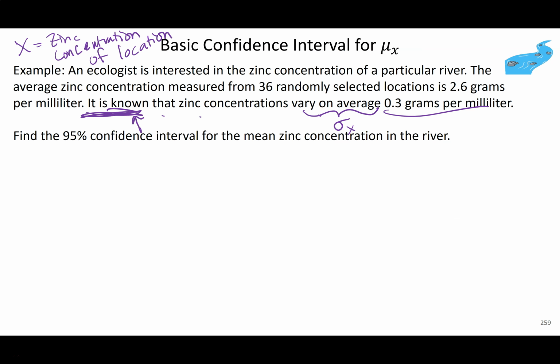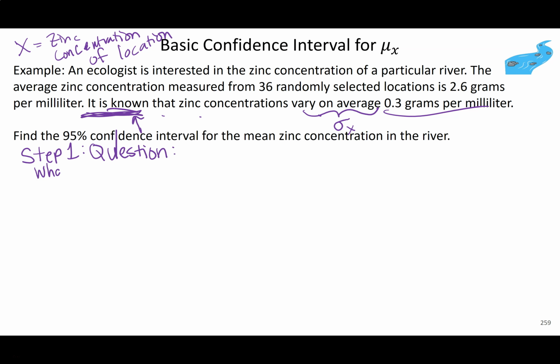Okay. Well, you know what? I might go through these steps here. So step 1, my question. Here we're asking an open-ended question. We want to know what is the average zinc concentration.